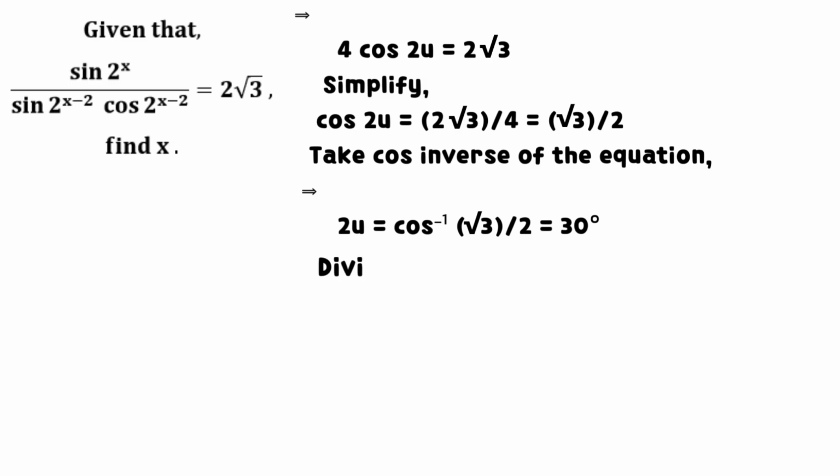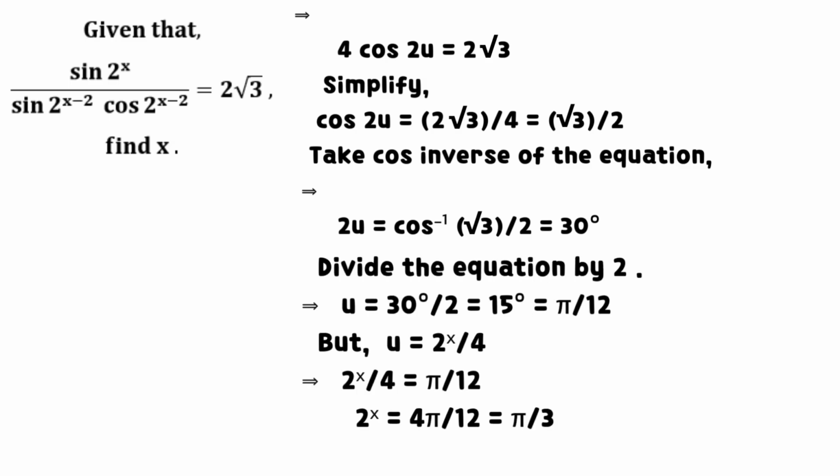Recall that u equals 2 to the exponent of x, all divided by 4. It implies that 2 to the exponent of x, all divided by 4 equals pi divided by 12. Solve for 2 to the exponent of x. We have that 2 to the exponent of x equals pi divided by 3.